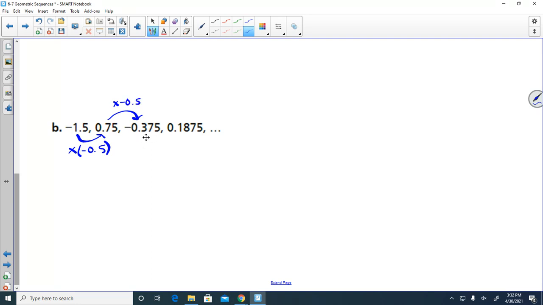And then if I multiply negative 0.375 by negative 0.5, I get 0.1875. So yes, this sequence is geometric, and I can say that the common ratio is negative 0.5 or negative 1/2.